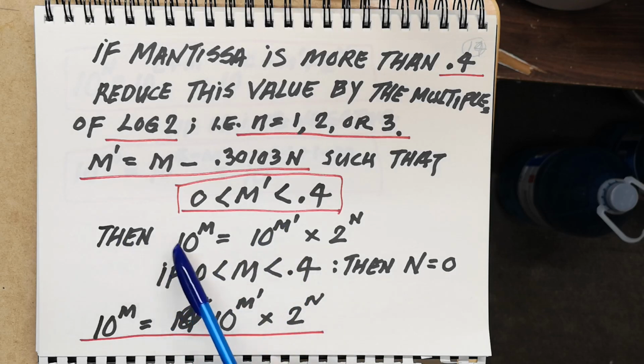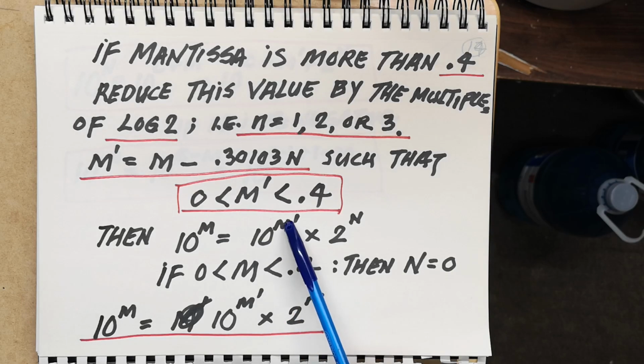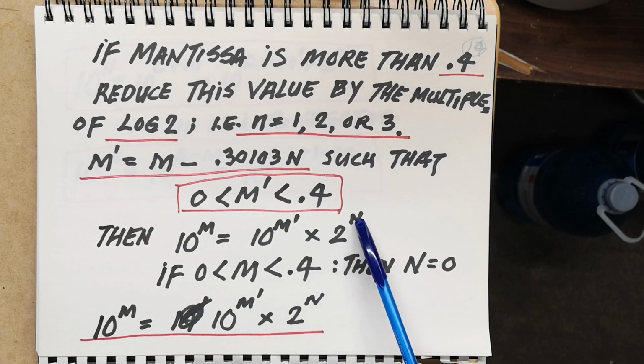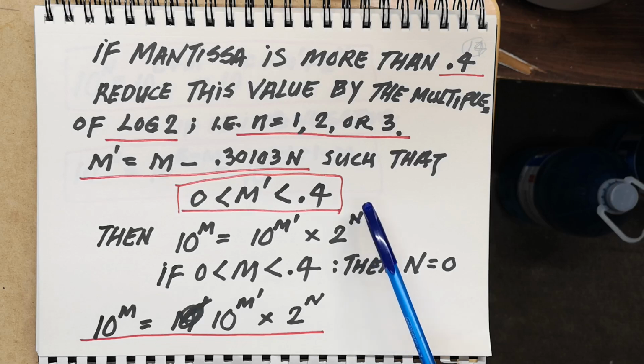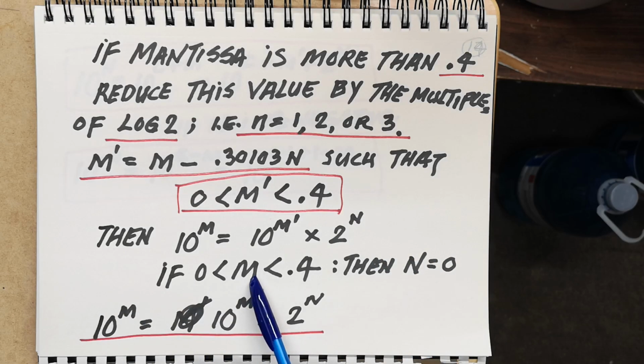Therefore, 10 to the m will now equal 10 to the m prime times 2 to the n. That's a multiple. If m is between 0 and 0.4, then we don't need the n, so n is 0. So 10 to the m is equal to 10 to the m prime times 2 to the n in general.